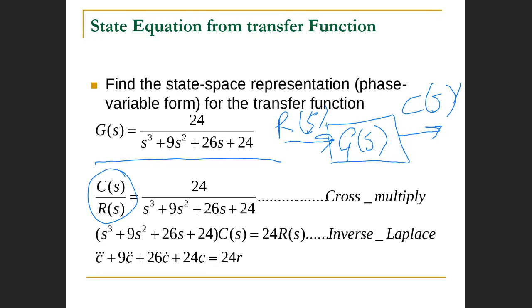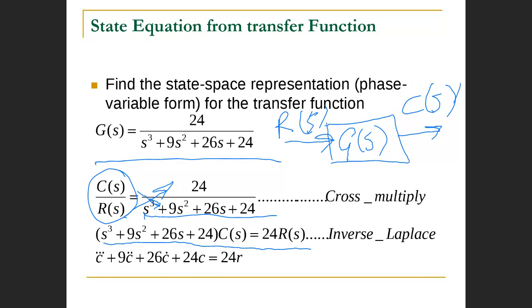It is quite okay for us to replace g of s with c of s over r of s. Now we're going to cross multiply. So we end up with r of s times 24, c of s times everything here, and so we end up with this equation right here.